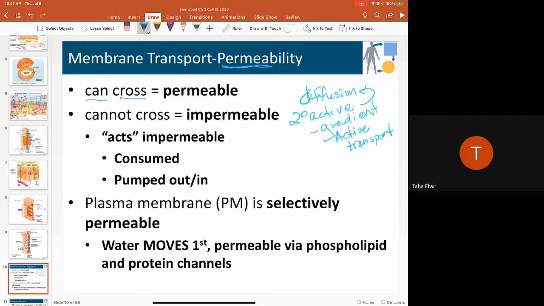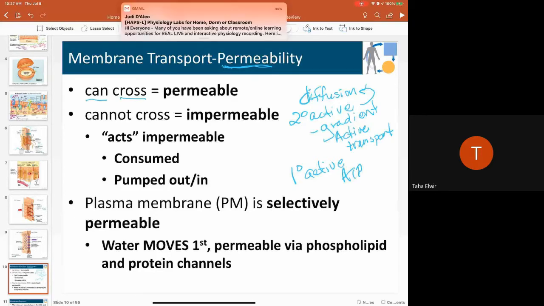So secondary active transport is really diffusion. It's usually carrier mediated, so you have to have a protein that's going to move this substance. But when we talk about primary active transport, you have a protein, but it uses ATP. It uses energy. This primary active transport is oftentimes what establishes the concentration gradient for secondary active transport.